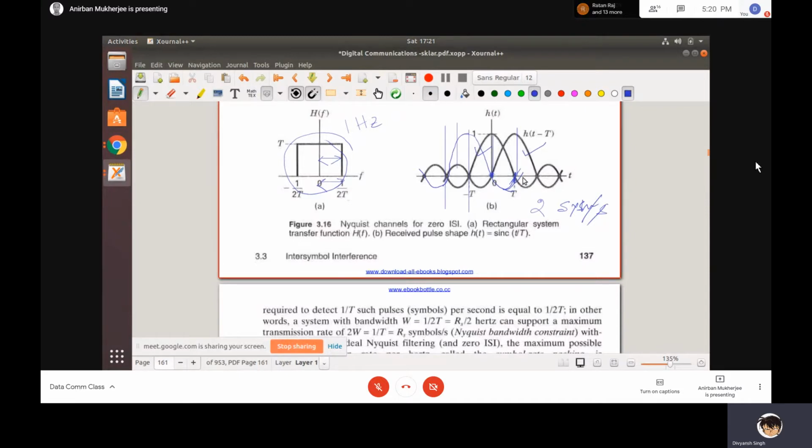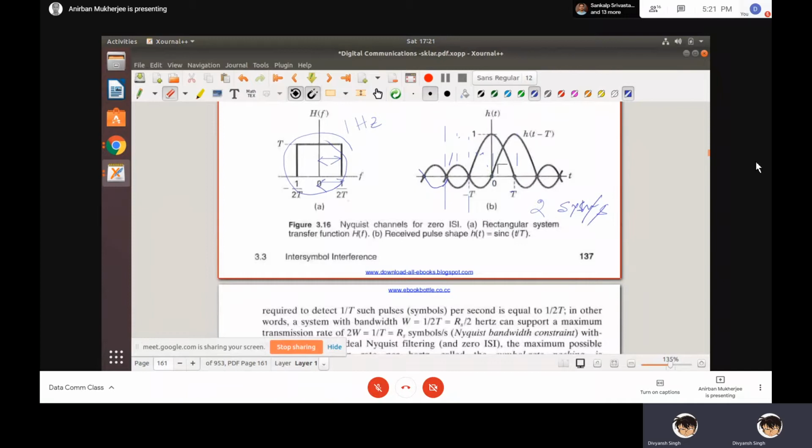But the problem is that if there is a timing jitter, it becomes problematic, because the damping of the sinc pulse is not very high. If you sample at T by 2, or maybe even at T by 4, instead of zero you will have a huge component of the previous one.